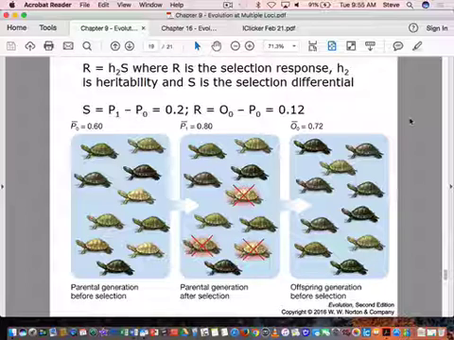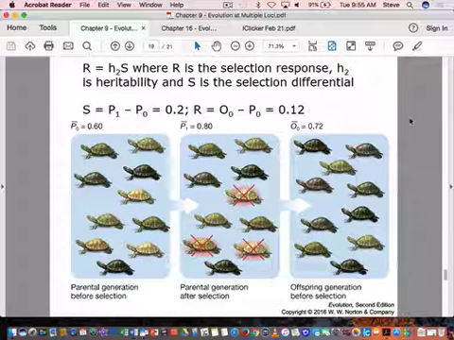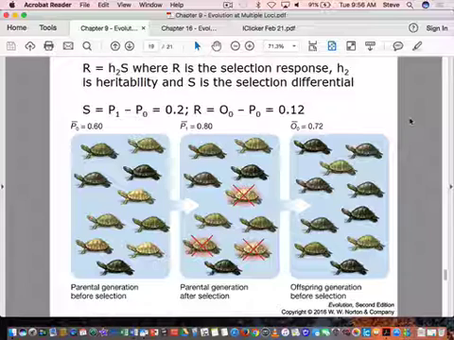Again, I have to go back to the board. Let's look at this. You can actually determine from these values what the heritability of this trait is. Let me ask you something. Do you think the heritability of this trait was 1 in this case? Anybody want to vote for that? Or do you think it's less? Turns out it's less. So let's put R equals H squared S. We've solved for two of those.